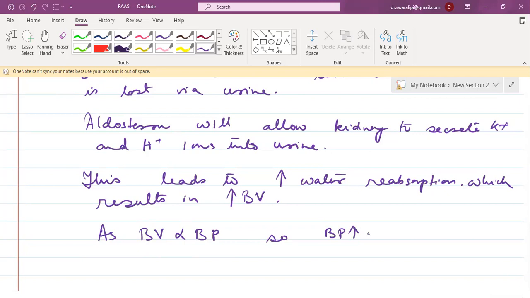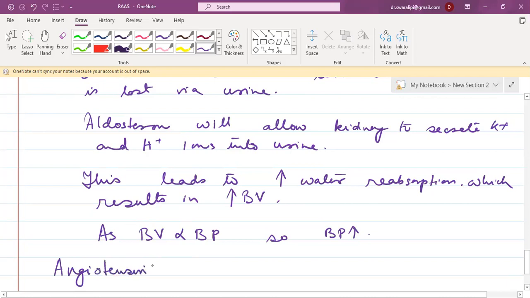Okay, clear, understood. And another thing which is done is by this angiotensin 2, and I must mention this also. Now again recall, how was angiotensin 2 formed? This angiotensin 2 was formed by conversion of angiotensin 1 by angiotensin converting enzyme.